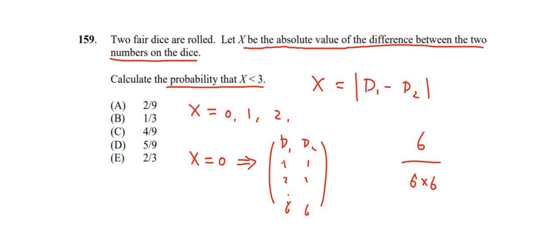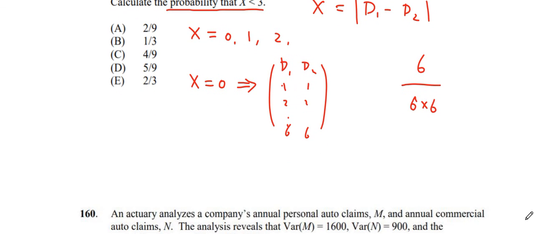Okay, so x equal 1, we just check it. x equal 1 can be like 2 1 and 1 2, right? We just multiply: 2 1, 3 2, 4 3, 5 4, 6 5.